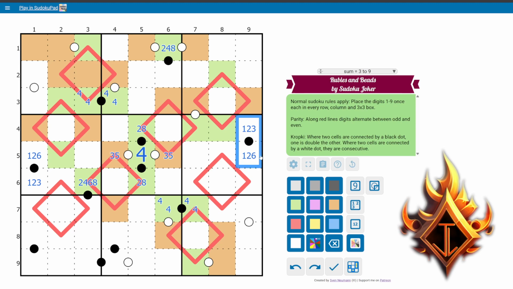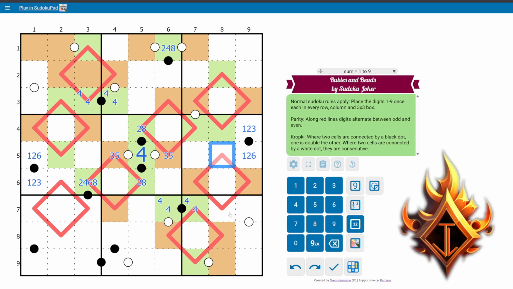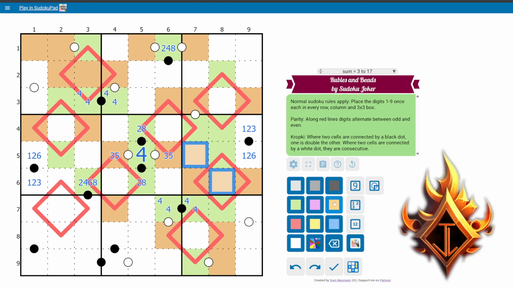Otherwise, they will be different. But there is an even here, which means that those cannot be even, and these will be. And we know that these will now be odd.